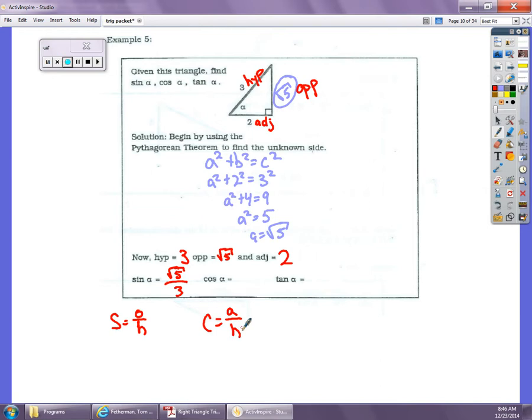So we look for the adjacent, which is 2. Hypotenuse is still 3. And tangent is opposite over adjacent. So the opposite is the square root of 5, and the adjacent is 2. So that's how we come up with all of these values in our triangle.